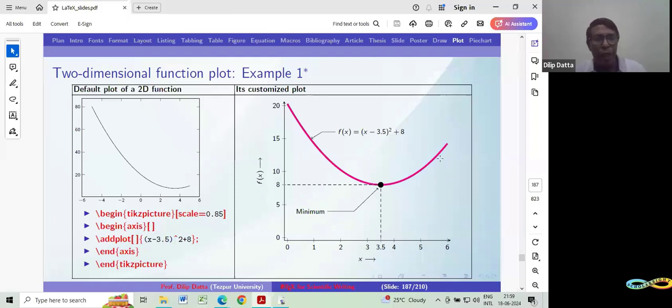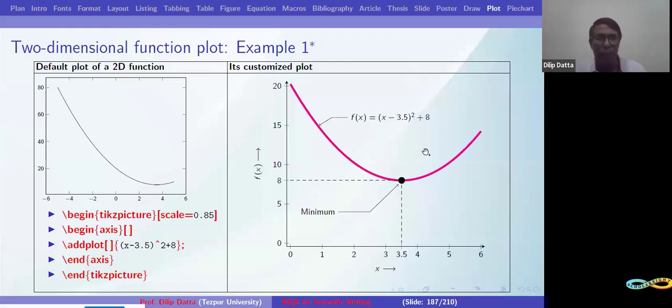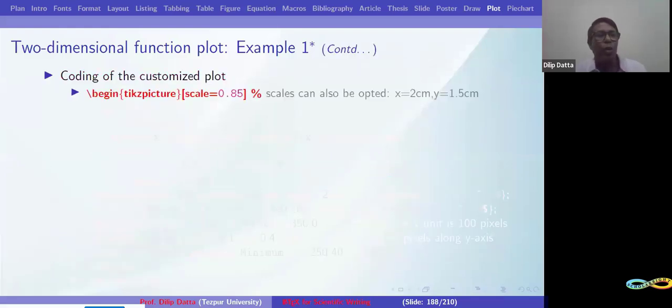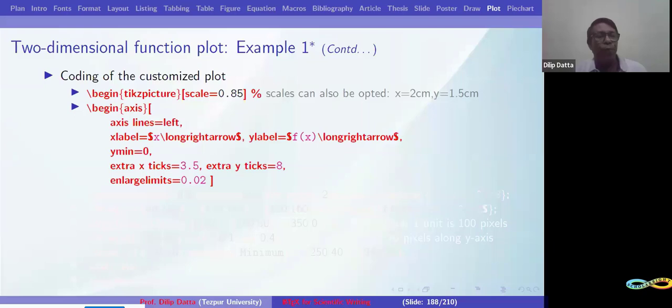If you already have this basic code, I am not going to show it again. I will show here, just go on updating this. Now you see, very first, in begin axis, I left the square bracket empty. In the square bracket you can add these lines, these commands.